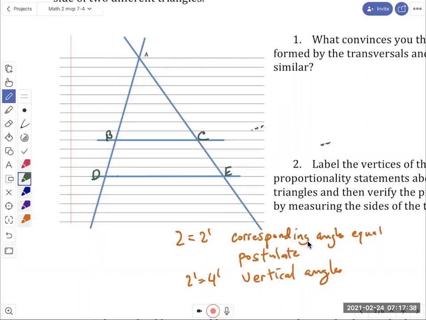And one of the things they're trying to get us to see, something you wouldn't normally think of, is that when I have these 2 transversals, BD and CE are going to be in the same proportion as, say, for example, AB and AC. Okay, so that the red to the red is equal to the green to the green. We're going to try and make an argument today about that.